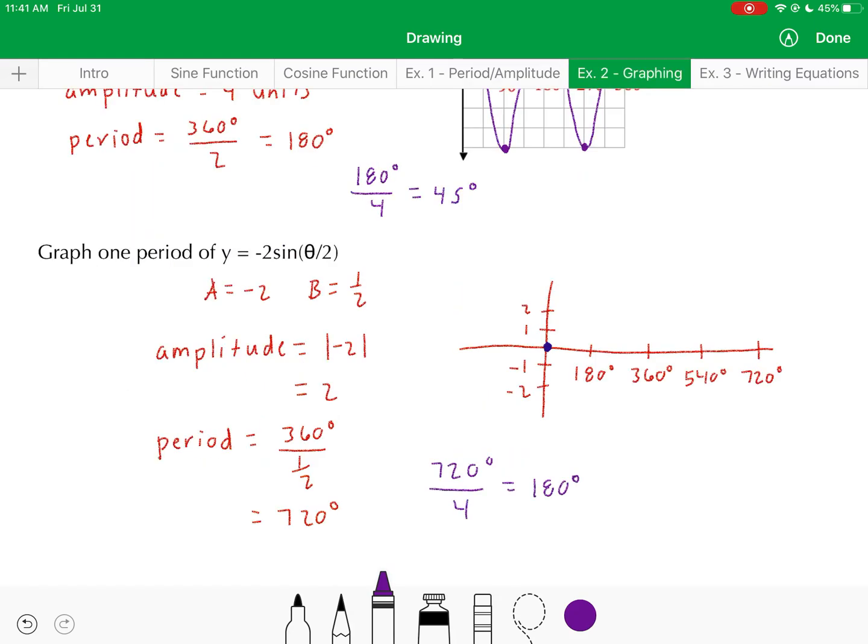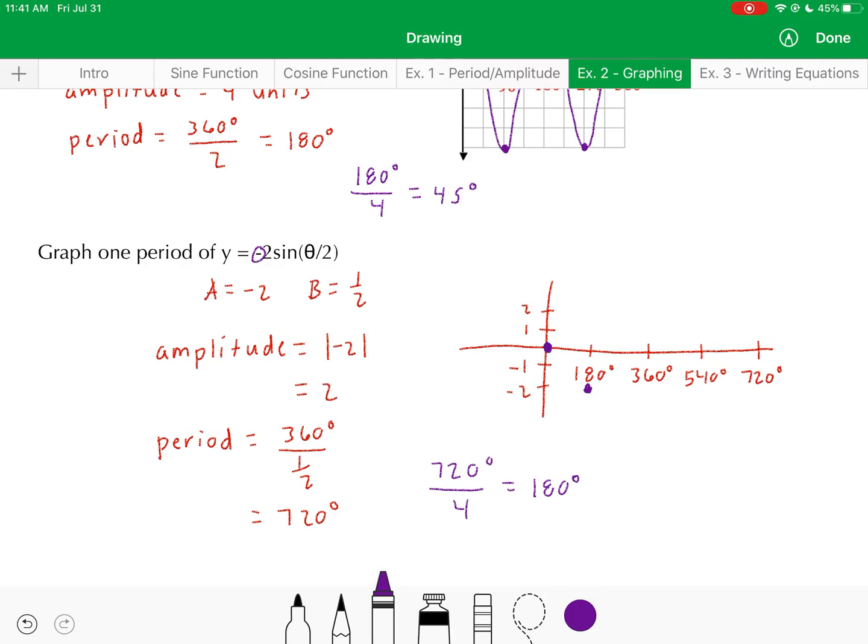Well, for this equation, when I move a quarter of the period to the right, I'm going to move down 2 units. And the reason I'm moving down 2 units is because of this a value being negative. Okay? Not only is that affecting amplitude for the curve, it's also going to give me a reflection of the sine function across the x-axis, with that being negative.